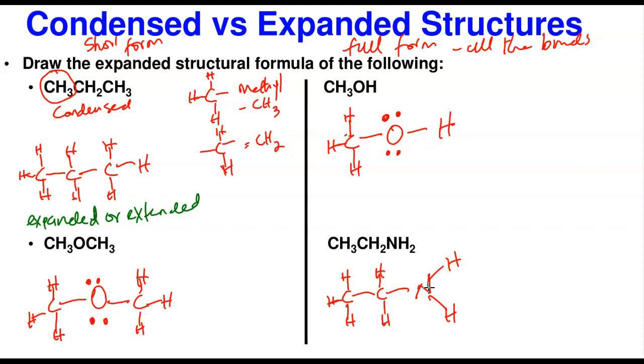And now, nitrogen, remember, from what we talked about, nitrogen will always have what? 3 bonds around it and 1 lone pair. This is how we draw the Lewis or expanded structural formula of these molecules. Like I said, without having to resort to counting the number of electrons. That makes it go very fast and easy.